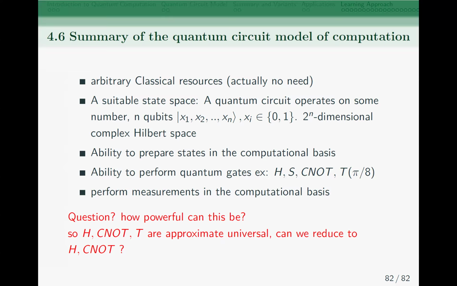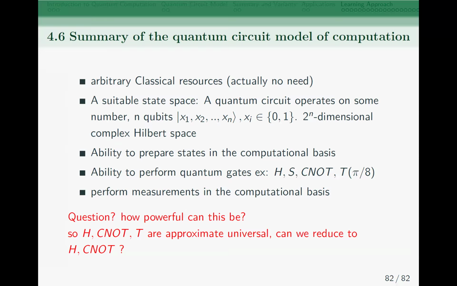So we have the ability to perform some quantum gates, and more precisely we can do all of these, and also Pauli X, Y, and Z. And especially, only H and CNOT, and T are enough.